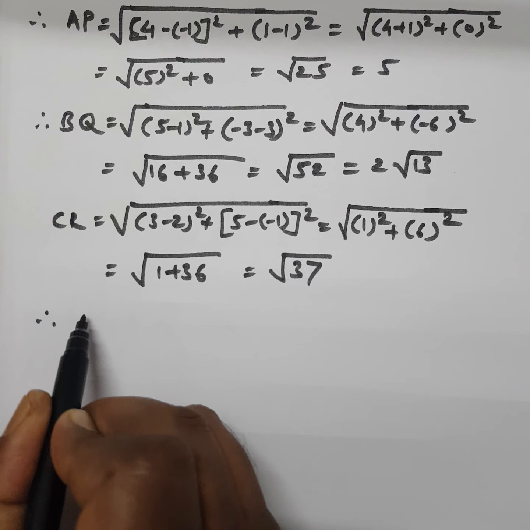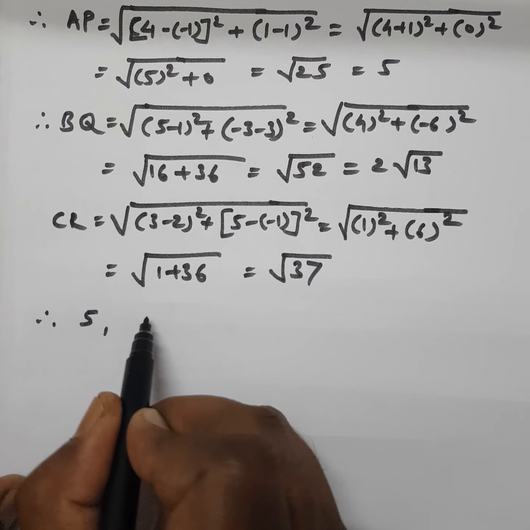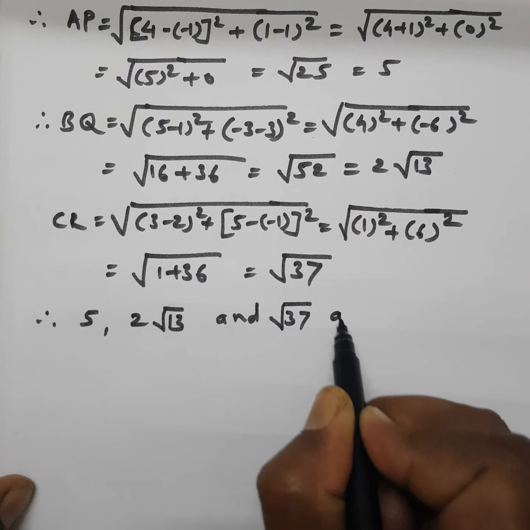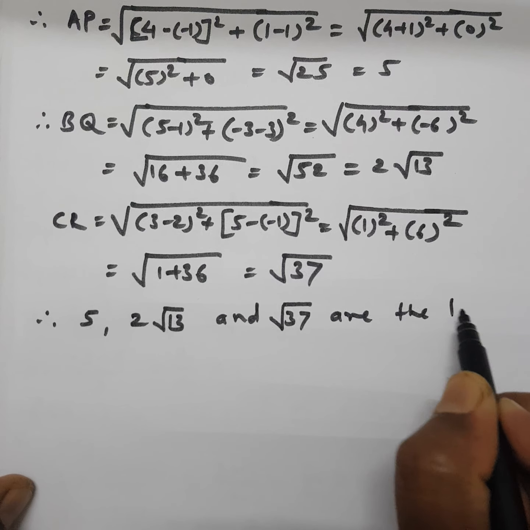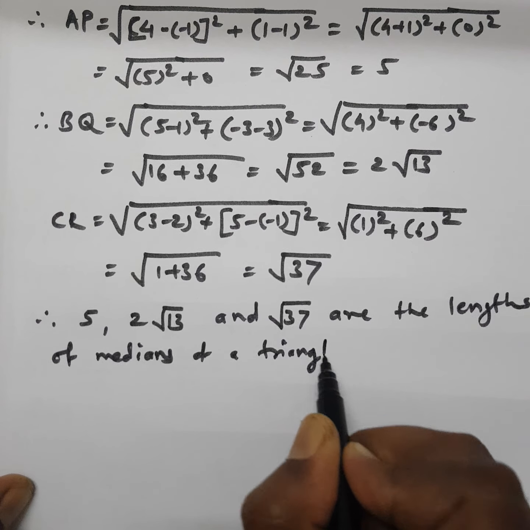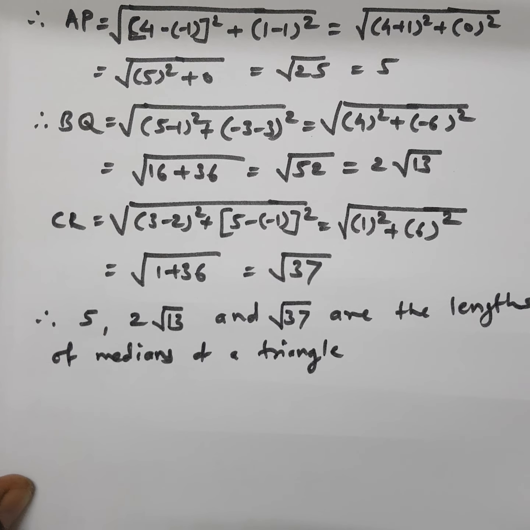Therefore, 5, 2 root 13 and root 37 are the lengths of the medians of the triangle whose vertices are A(-1, 1), B, and C, triangle ABC in short.